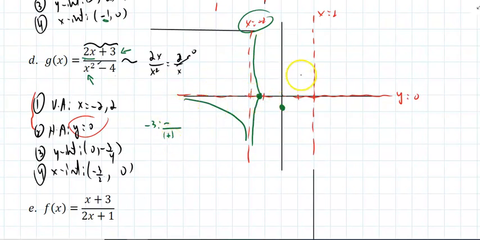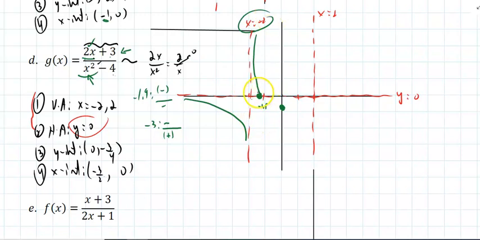Say -1.9. -1.9 times 2 is -3.8 plus 3 is negative. And -1.9 squared is less than 4, minus 4 is negative. The answer is positive, there it is.